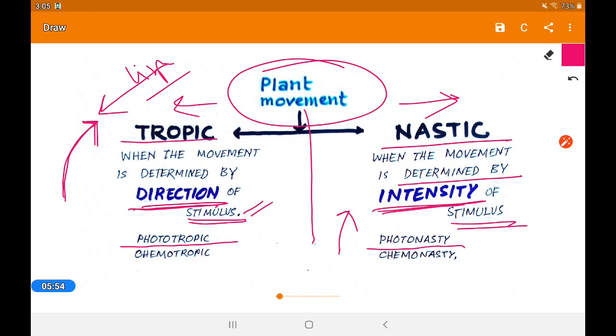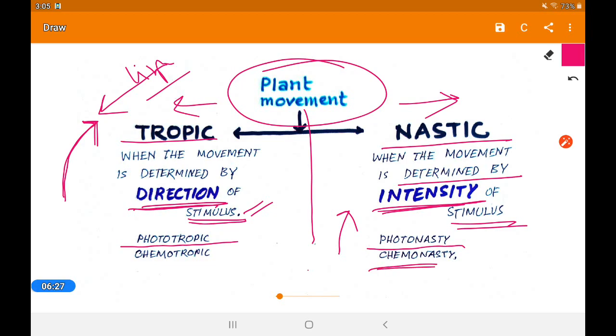Some flowers flower at a certain time when light is enough. In the morning at 6 o'clock there is no response, because the light is less than at 9 or 10 o'clock. At 10 o'clock the light is more, so the intensity is more, and flowering takes place. Flowering is also a movement of the plant, and it takes place with the help of light.